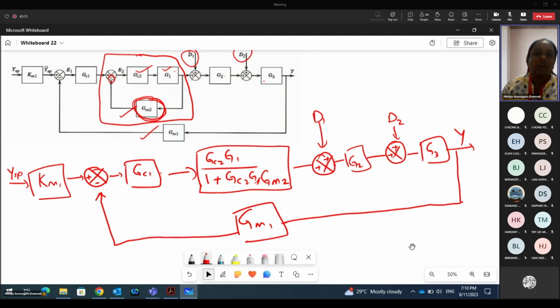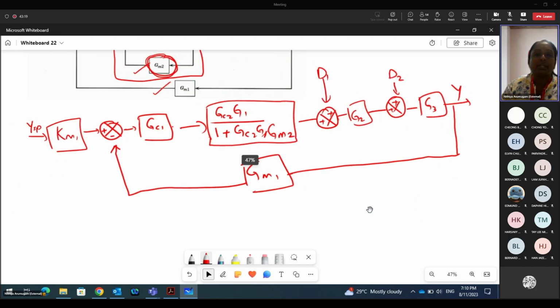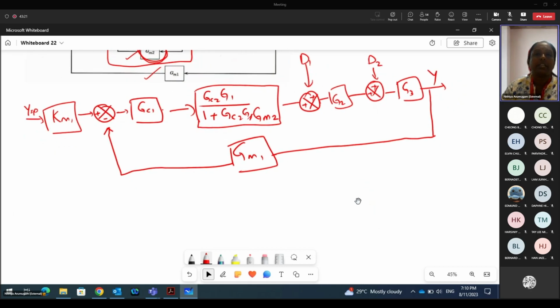Okay, so at this point, this is our new feedback loop. All right, a new block diagram for the control system.